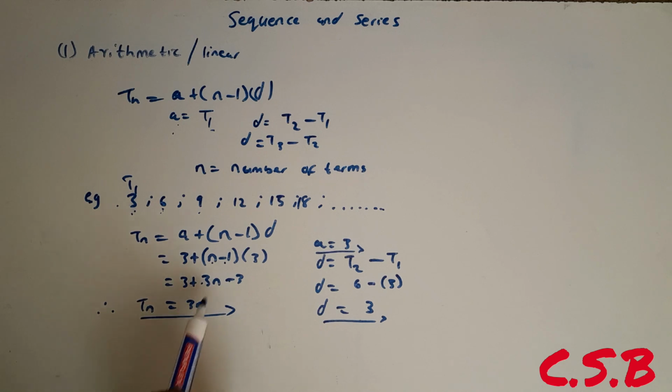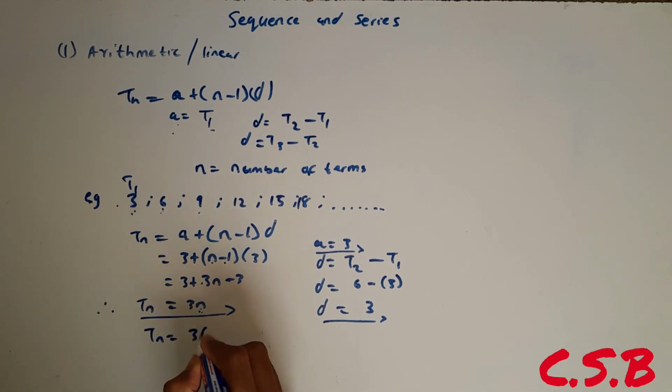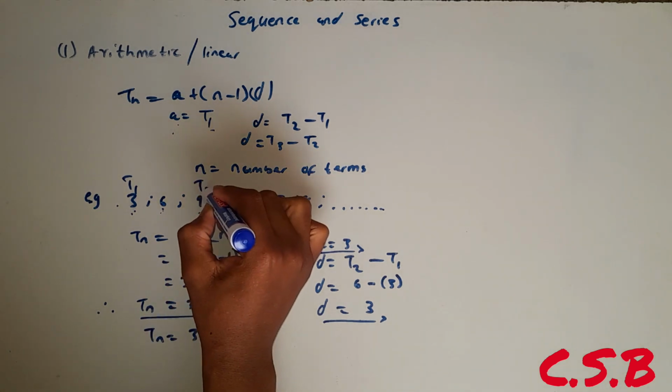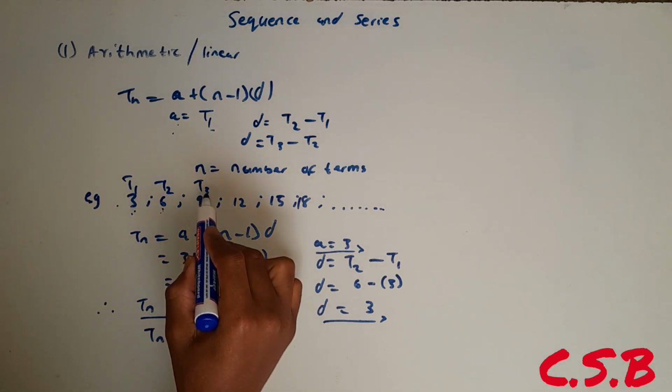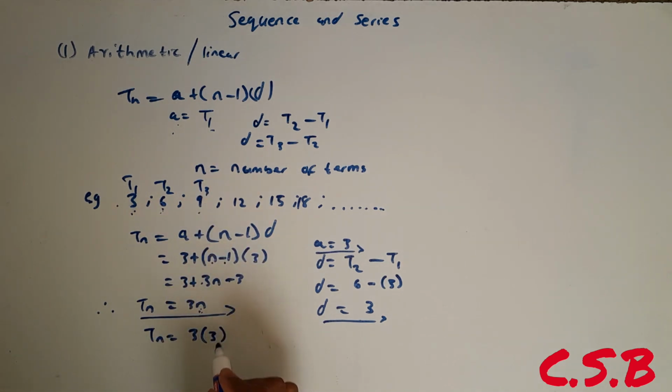If you put 5, you must get 15. So as an example, let me not make things hard for you. Let's take T3. So let me put 3, then I should get 9. So 3 times 3 is actually 9. So our equation is correct.